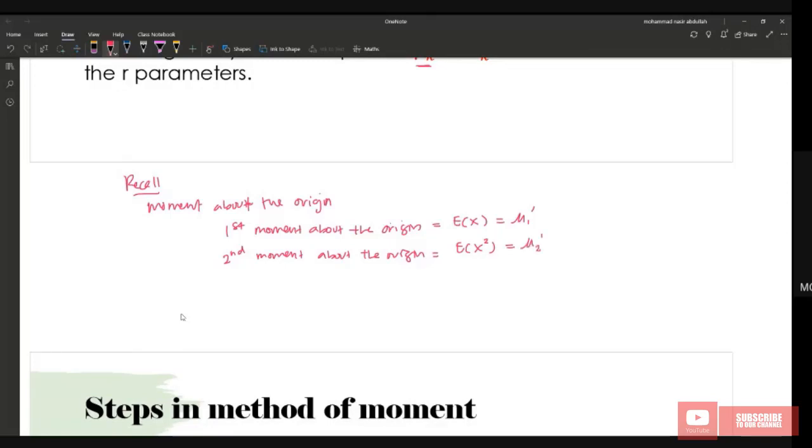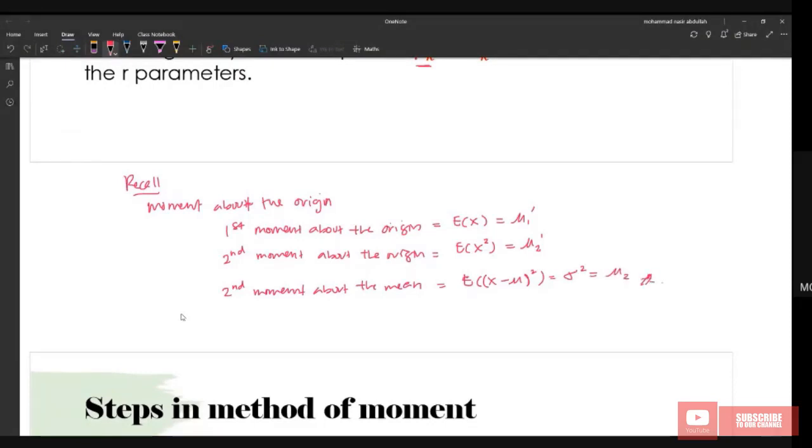And the third thing that we need to know is the second moment about the mean, which is the expected value of x minus mu, squared. This is what we call the variance, also equal to mu2.